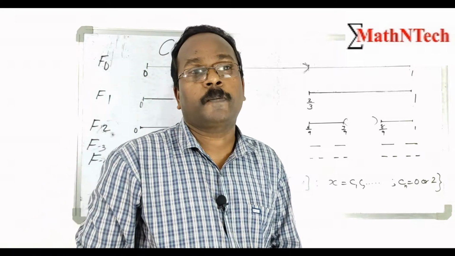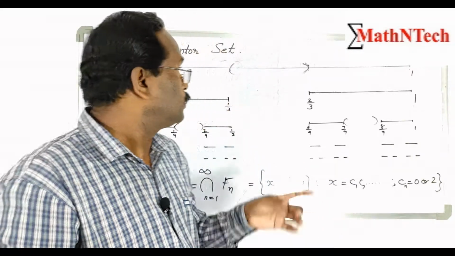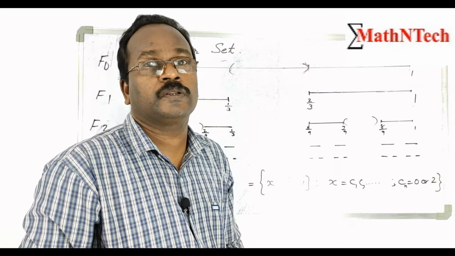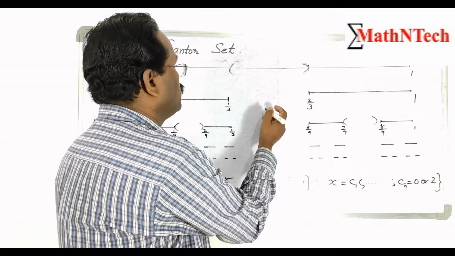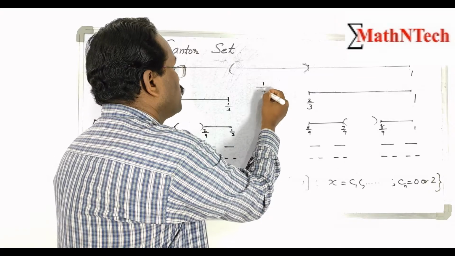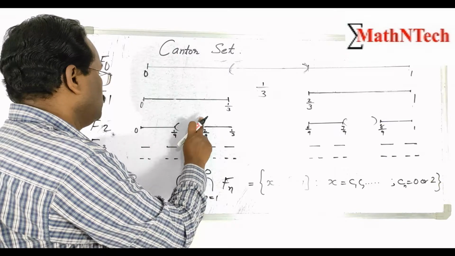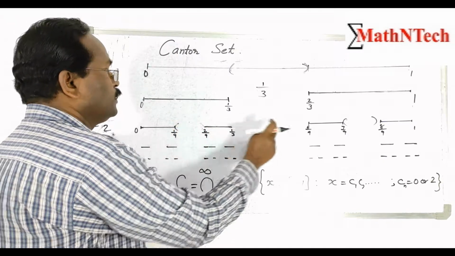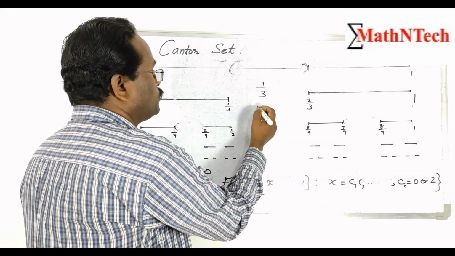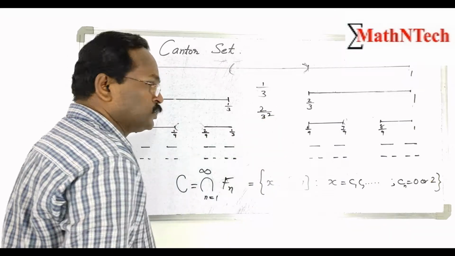Now another important property: the removed intervals' total length is equal to 1. Given interval total length 1, removed intervals total length 1. Because in the first step, removed interval length is 1 by 3. Second step, here 1 by 9, here also 1 by 9, that is 2 times 1 by 9, or 2 by 9, or 2 by 3 square.